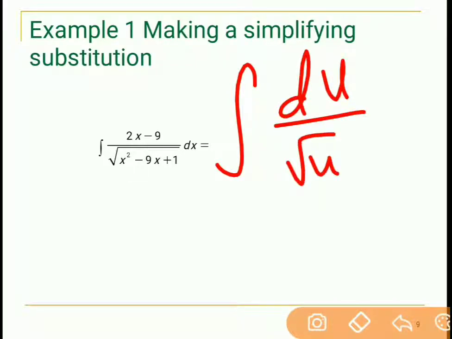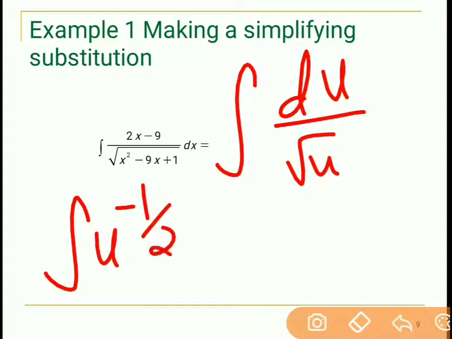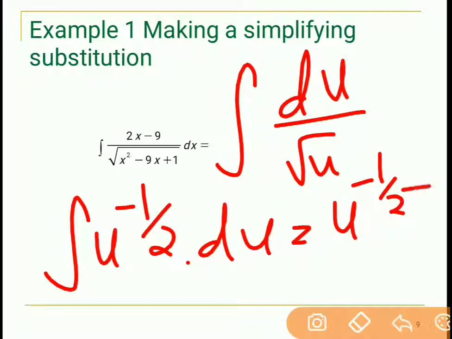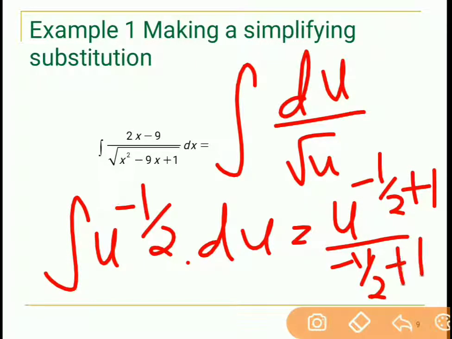Now what is this integration? This integration is integration of u raised to minus 1 by 2 into du. Now as per the basic formula of integration, it will be equal to what? u raised to minus 1 by 2 plus 1 upon minus 1 by 2 plus 1.